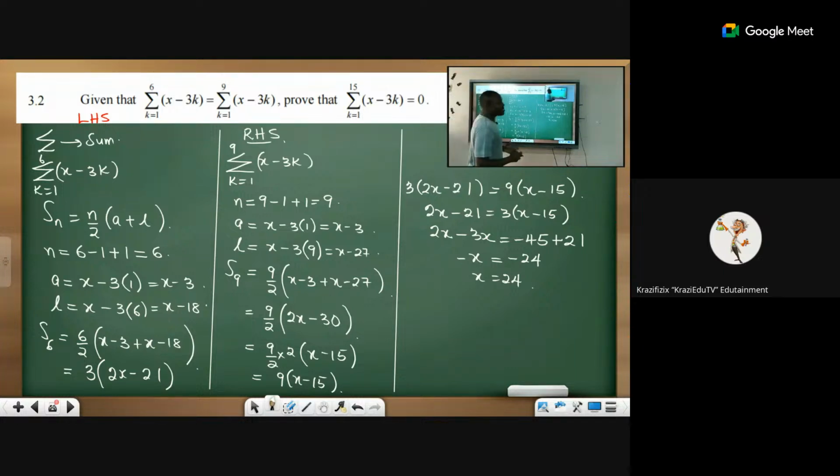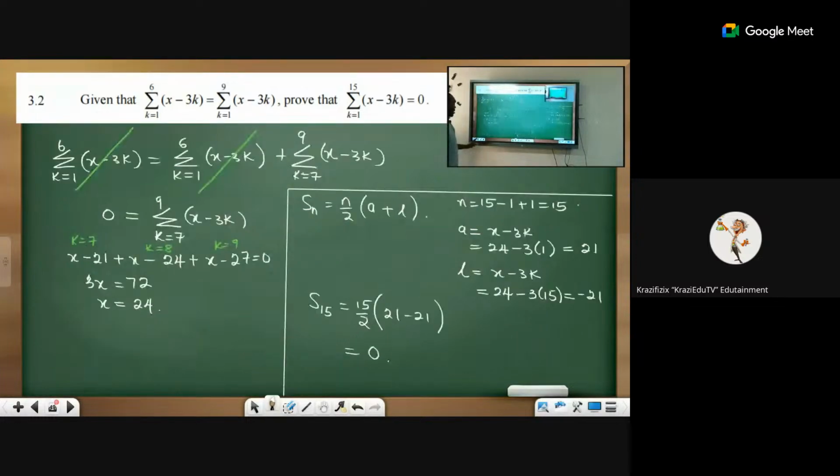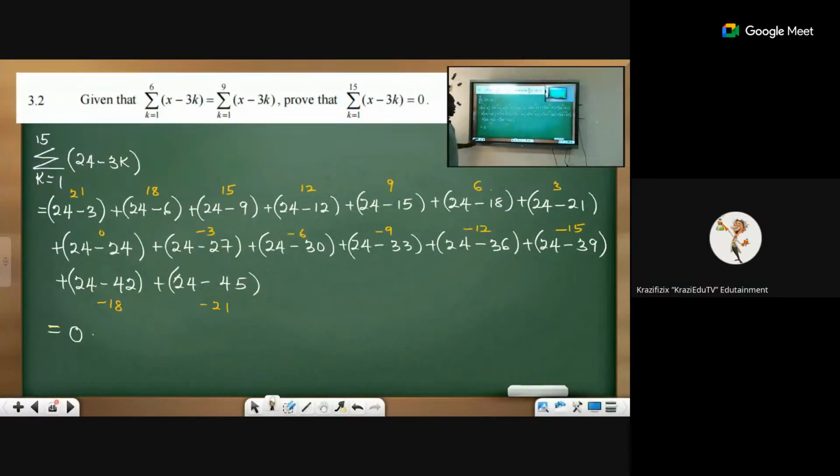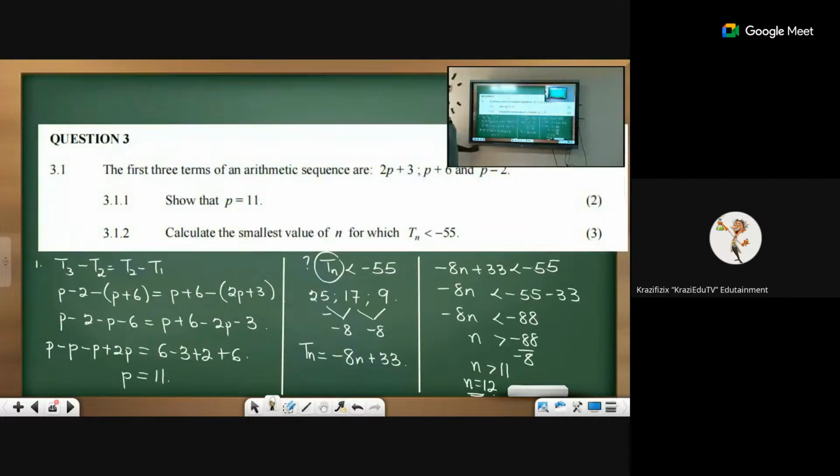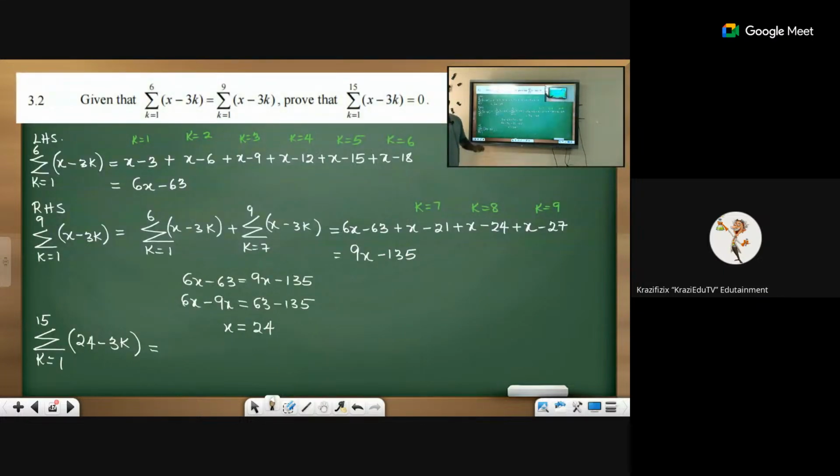Sigma means sum. Once you see, a learner who doesn't really understand how to use the formula will be doing it like this. I want you to see the time it took. This is manual. You're breaking it down.